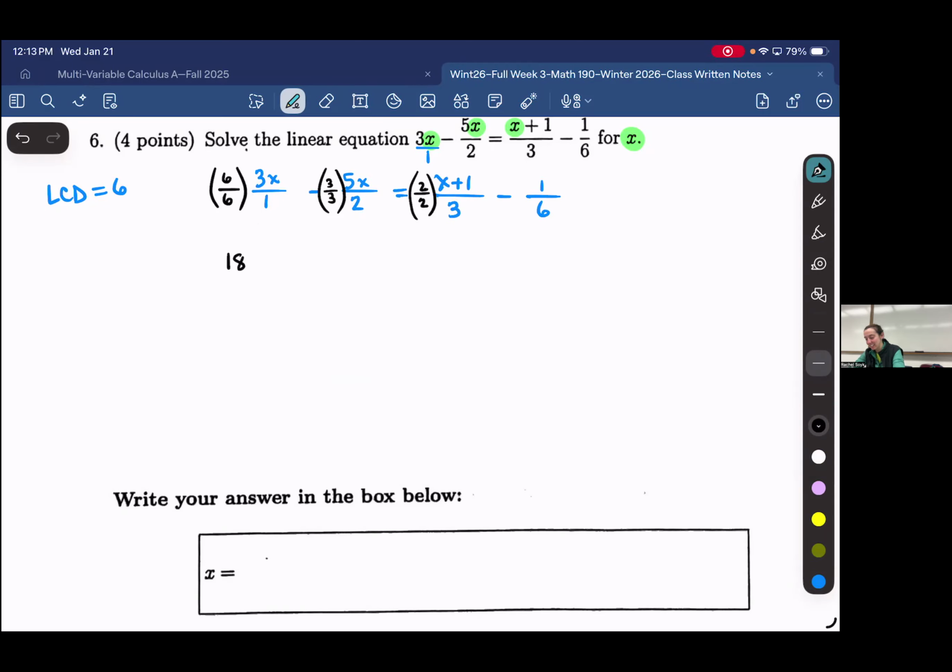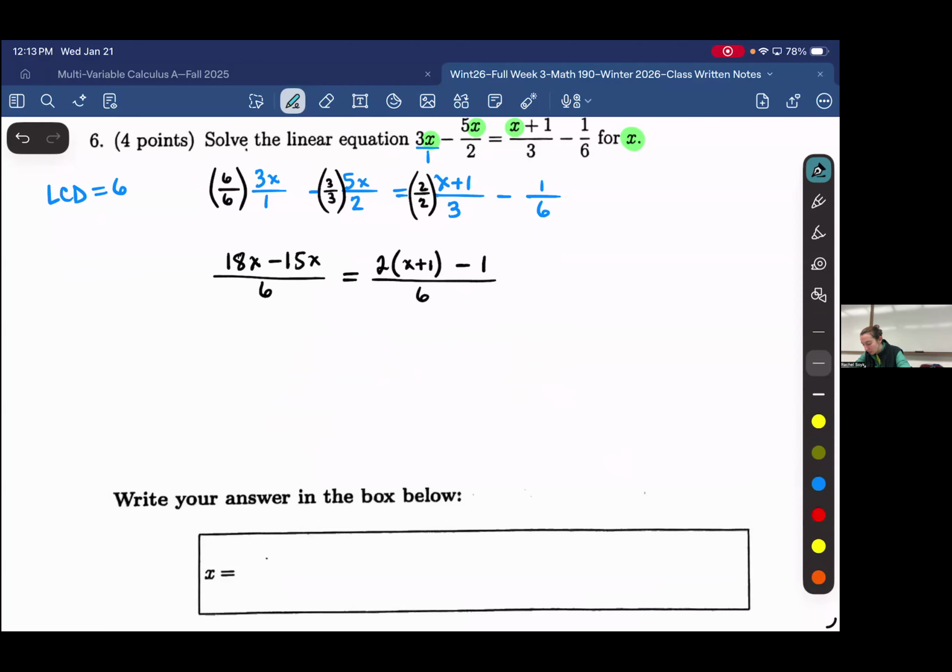So we get 18x minus 15x all over 6, since the denominators are the same. And then 2 in parentheses, x plus 1 minus 1 all over 6.